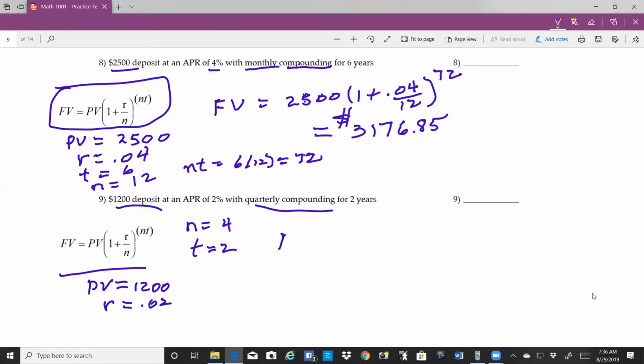So FV is going to be 1,200 times 1 plus 0.02 over 4 to the 8th power. I'm going to let you put this in your calculator, and that will be $1,248 and 84 cents to the nearest cent.